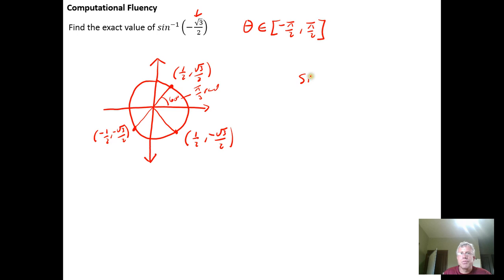So the sine inverse has to be the only angle on the interval from negative pi over 2 to pi over 2 that generates a sine ratio of negative root 3 over 2, and that angle is going to be a negative pi over 3 angle, bringing us to this ordered pair here, 1/2, negative root 3 over 2. So the angle that this outputs is going to be negative pi over 3 radians, or if we were in degrees, it would generate a negative 60 degree rotation to get to that sine ratio.